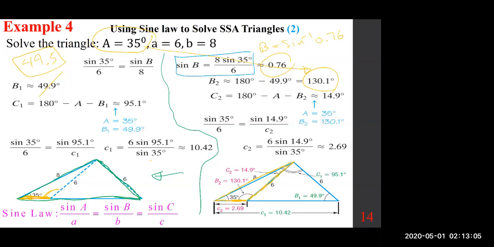What you get is 0.7648. Now, the sine inverse of that is 49.9 degrees, okay, class?